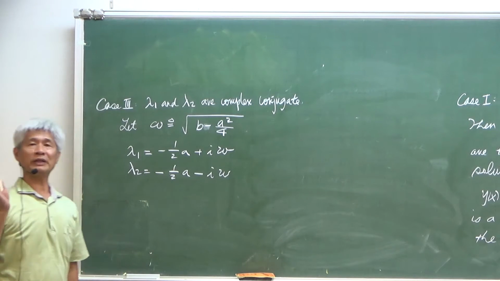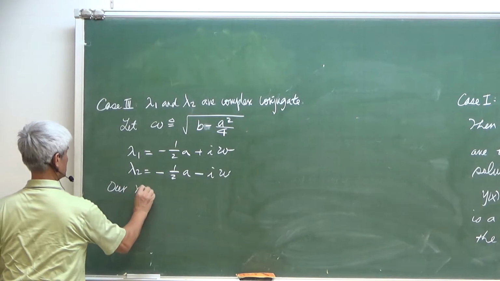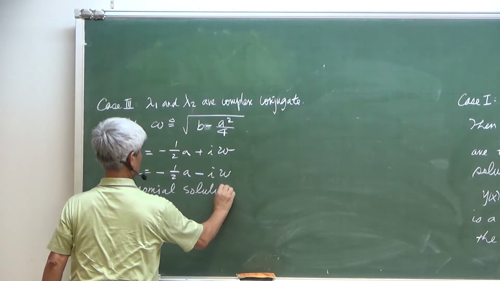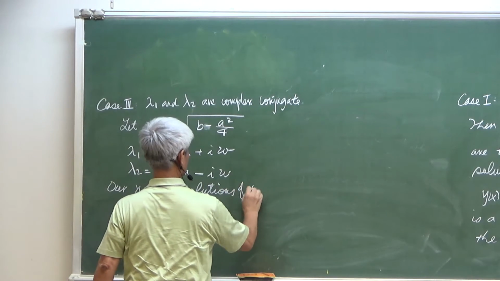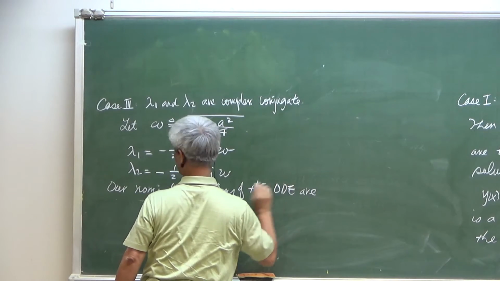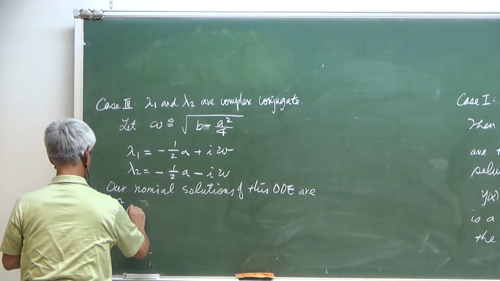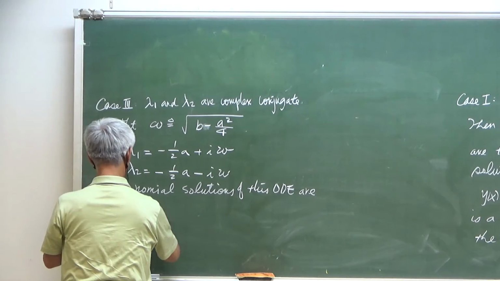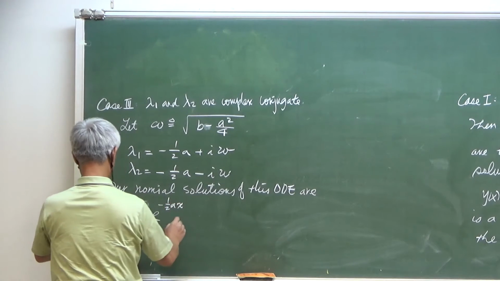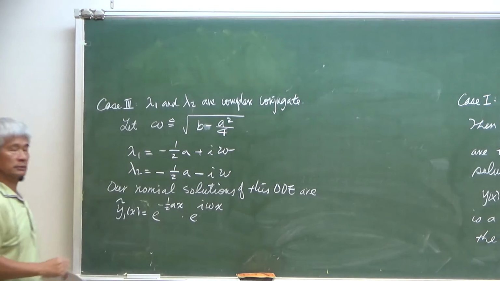Okay, so our nominal solution y1 is the exponential e to the lambda 1 x.